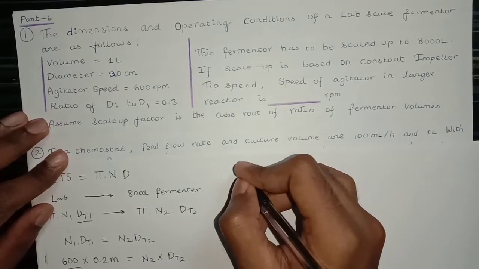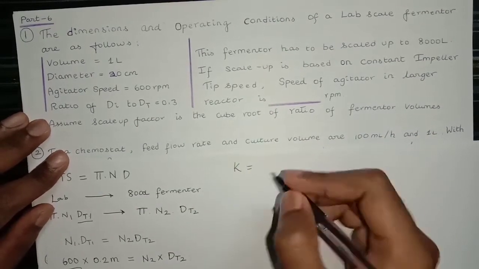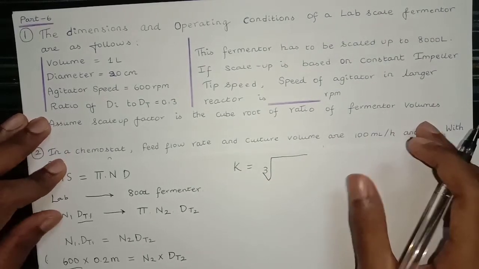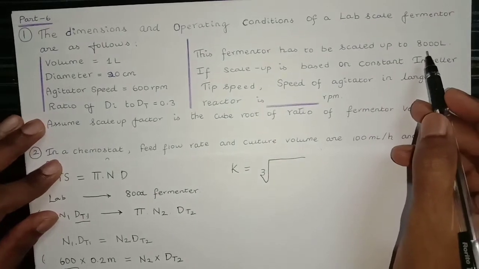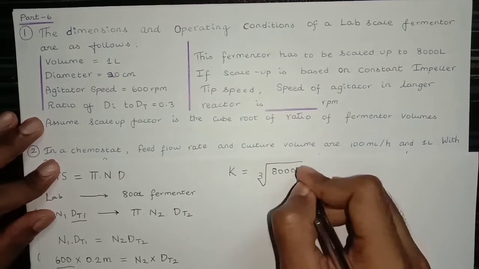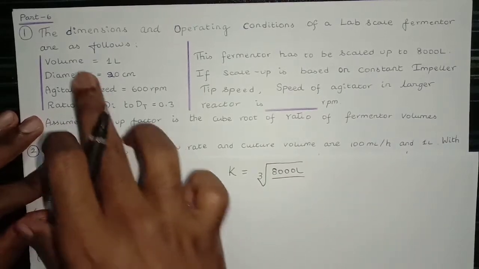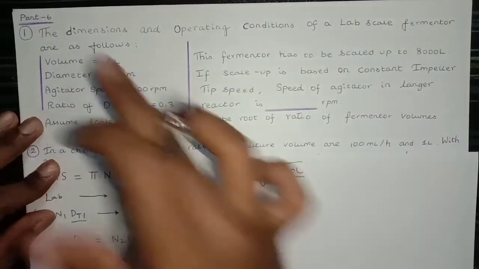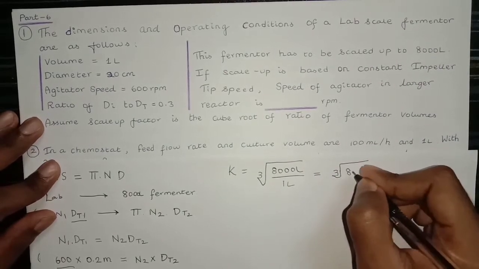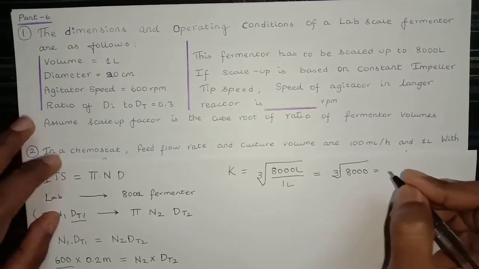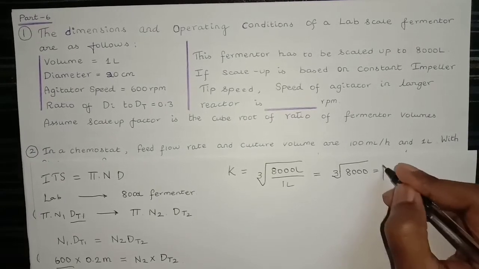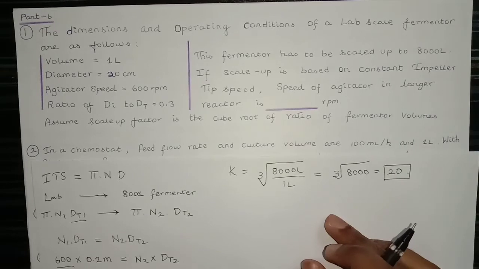So let the scale-up factor be K, which is equal to the cube root of the larger fermenter volume, 8000 liter, divided by the lab scale fermenter volume, 1 liter. That is nothing but the cube root of 8000, so the scale-up factor is 20.